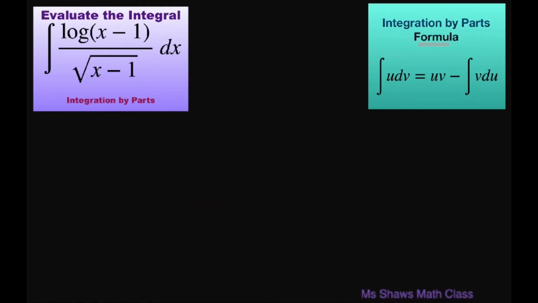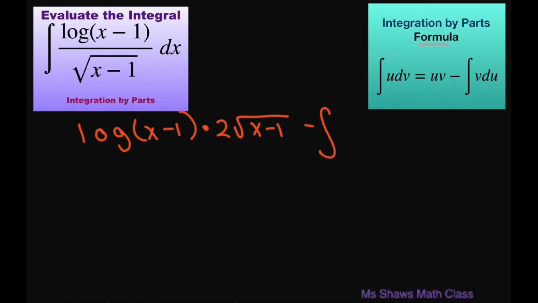So we have our u was log of x minus 1, and our v was 2 times square root of x minus 1, minus the integral of v again, which is 2 times the square root of x minus 1 times du, which was 1 divided by x minus 1 dx.